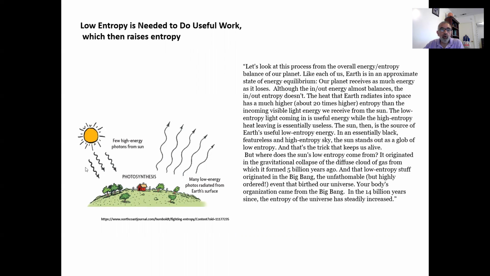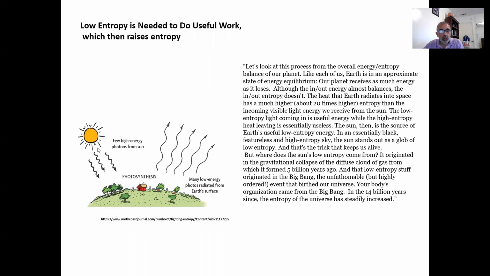So we absorb photons that are capable of doing useful work, and we give back photons that are not capable of doing useful work, even though the total amount of energy is the same. We absorb energy from the sun and radiate energy back, but the kind of energy that is absorbed and the kind of energy that is given off are different.